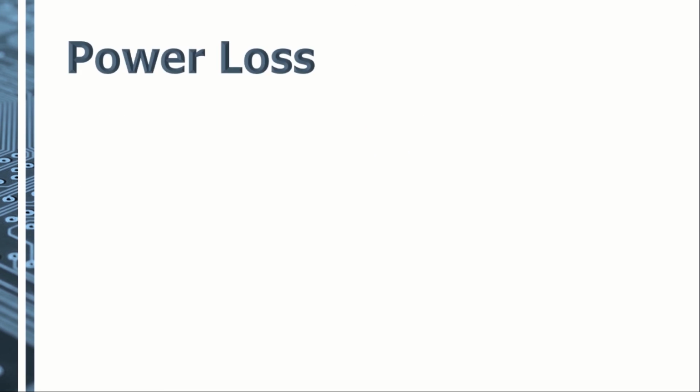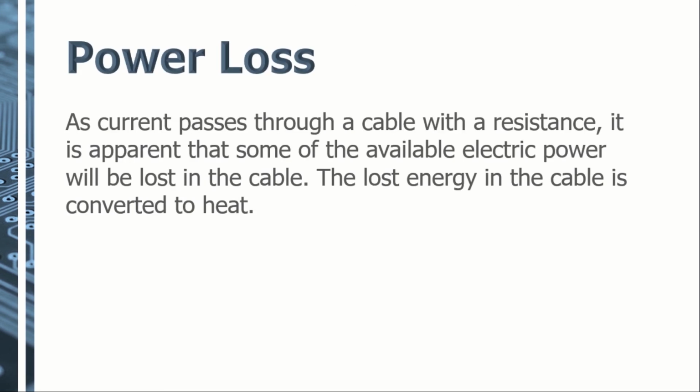The last topic is the power loss. We know that in the conservation of energy, energy is not lost but can only be converted to other forms of energy. So in effect, electricity as a form of energy cannot be lost, but is converted to another form of energy. The lost energy in a circuit is converted into heat energy.